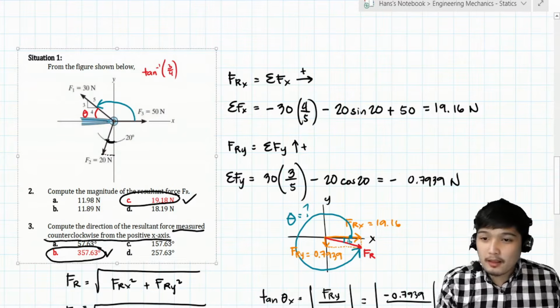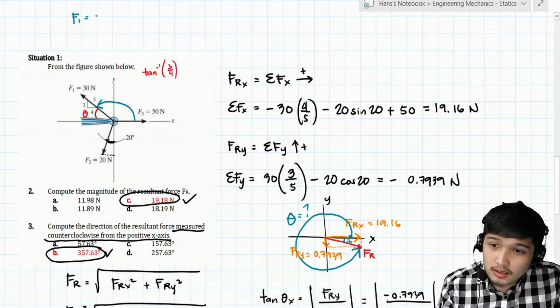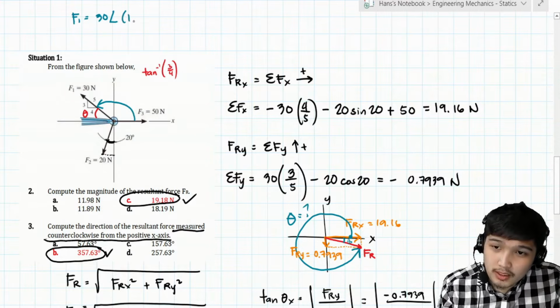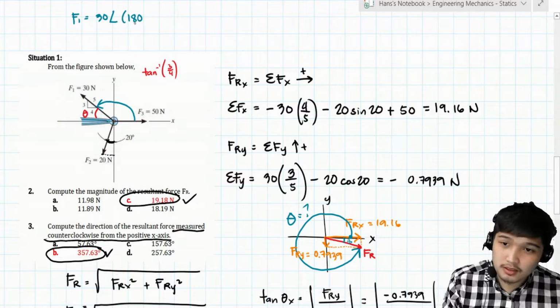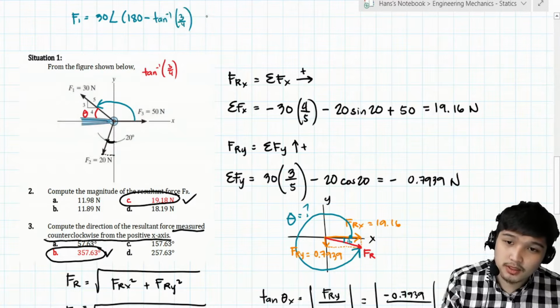Kita. Okay, so susulat natin sa complex mode yung F1. So, that is 30 angle. Anong angle niya? Yung kulay blue. Eh, di that is equal yun sa 180 minus yung theta na to, no? Which is yung arctan of 3/4. So, this one is stored sa A.